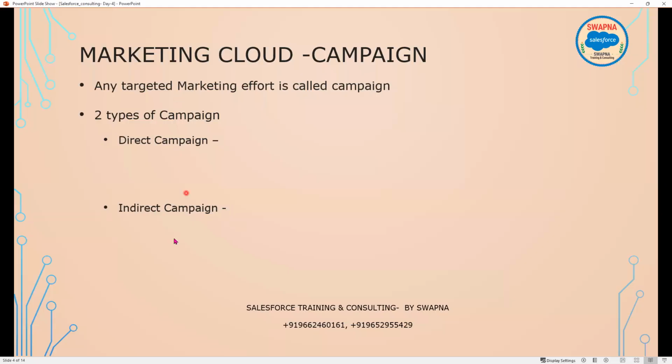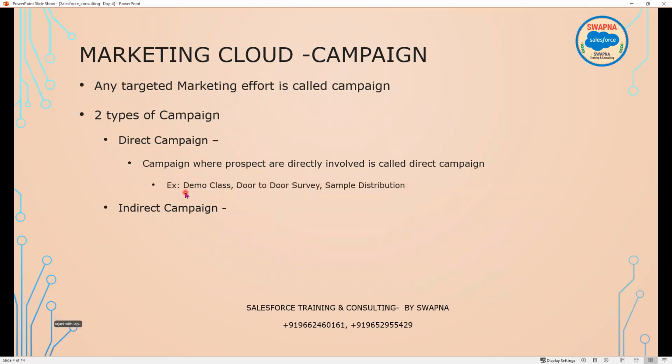Now here there are two types of campaign, direct and indirect. Direct is nothing but a campaign where prospects are directly involved. Examples: demo class, door-to-door survey, sample distribution.